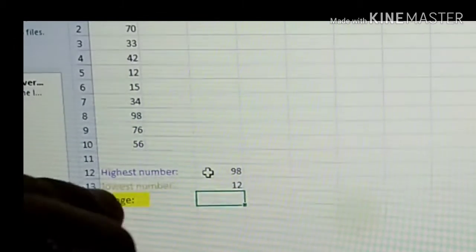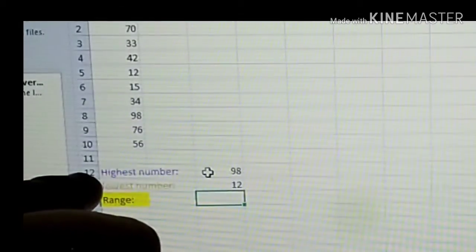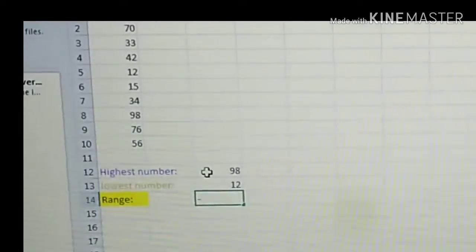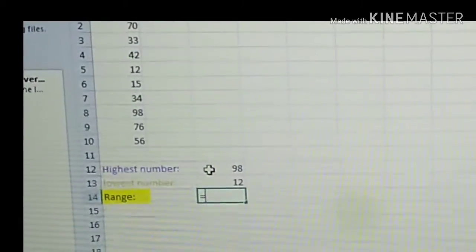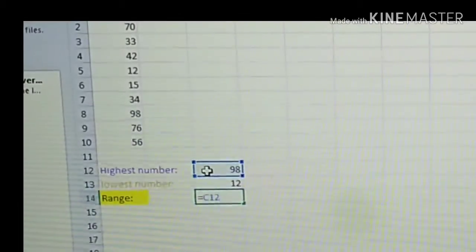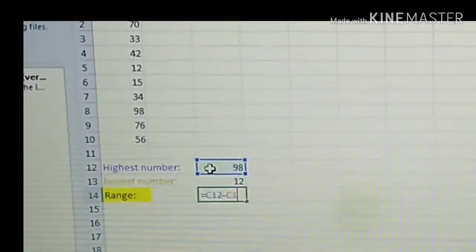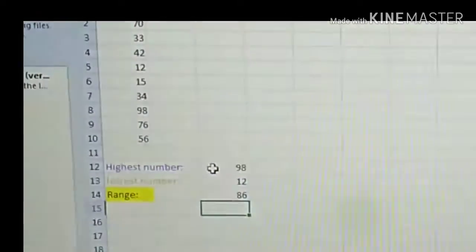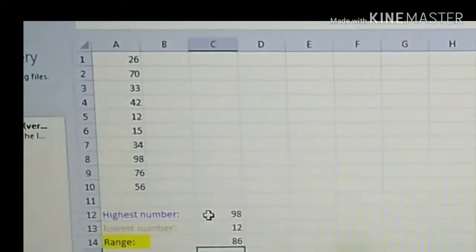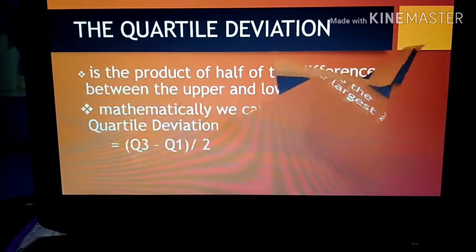In cell C14, we input C12 minus C13, and that would be 86. So, the range is 86.